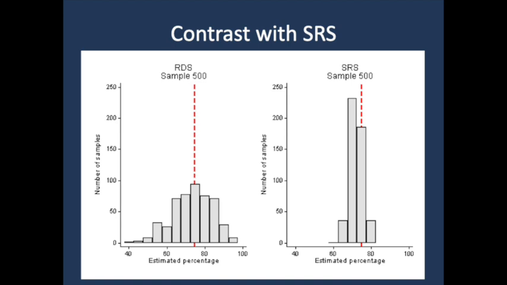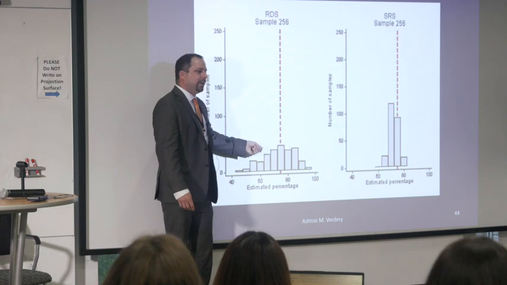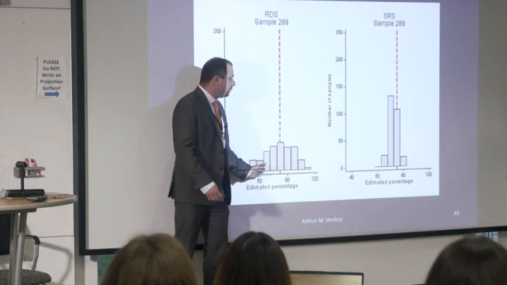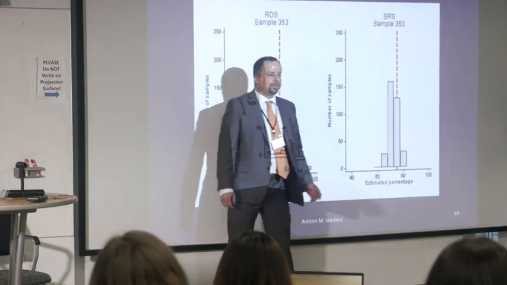And I repeated samples, and I graphed the mean of each of those samples. So I did 60, 70, et cetera samples with RDS, and simple random sampling, I believe without replacement, on this population. And you can see the distribution of the RDS samples. Each one I'm stacking up on this histogram, right? The distribution of the RDS samples is much, much larger than the distribution of the simple random samples.